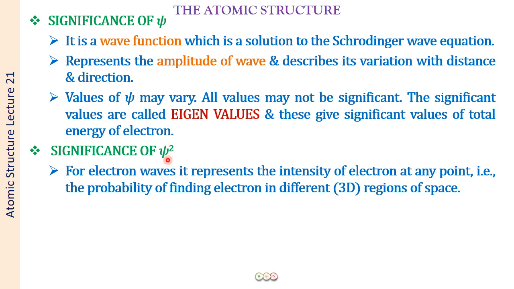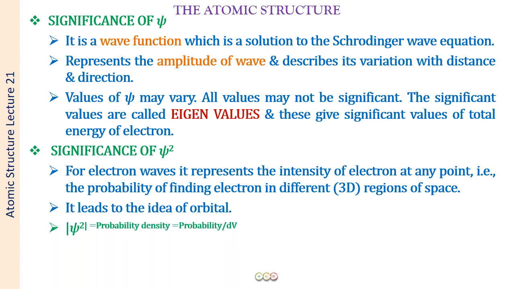So this is what gives us where the probability of finding the electron is maximum, and where the probability of finding the electron is going to be 0 or minimum. Okay. This concept of psi square is going to lead us to the idea of orbital. And psi square is equal to probability density, which is probability by dV.